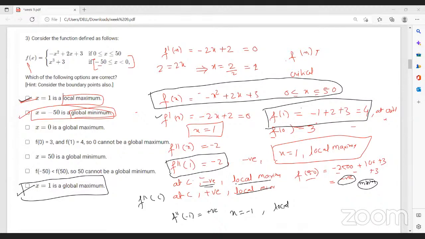Critical points. Okay, we'll discuss activity 9.2, question number 8. Not yet, this one I'm sharing. Activity 9.2, question number 7.